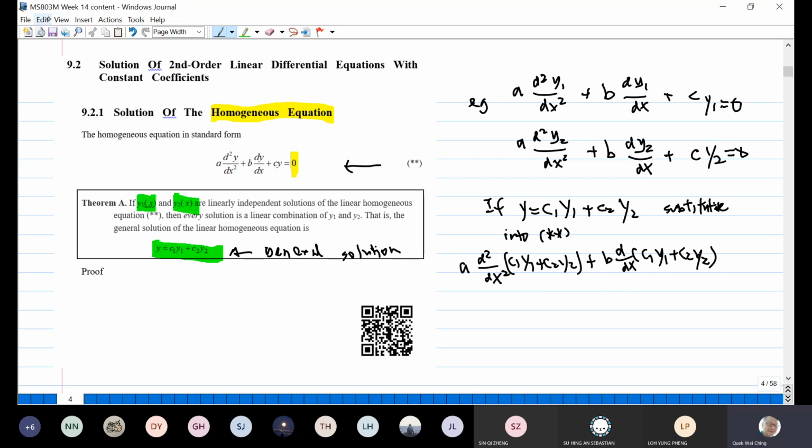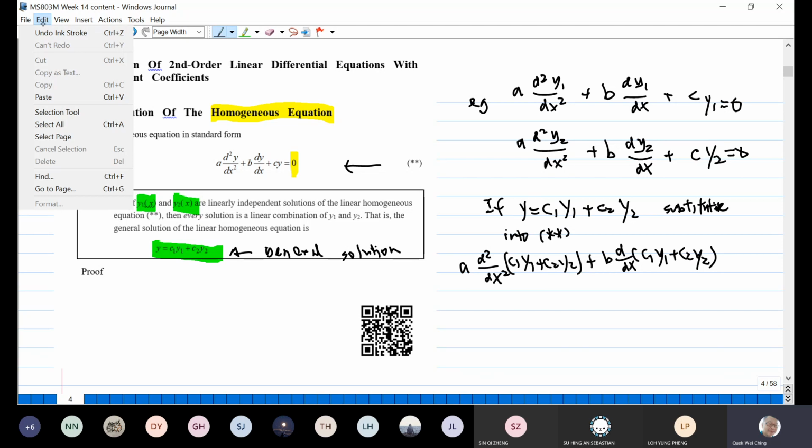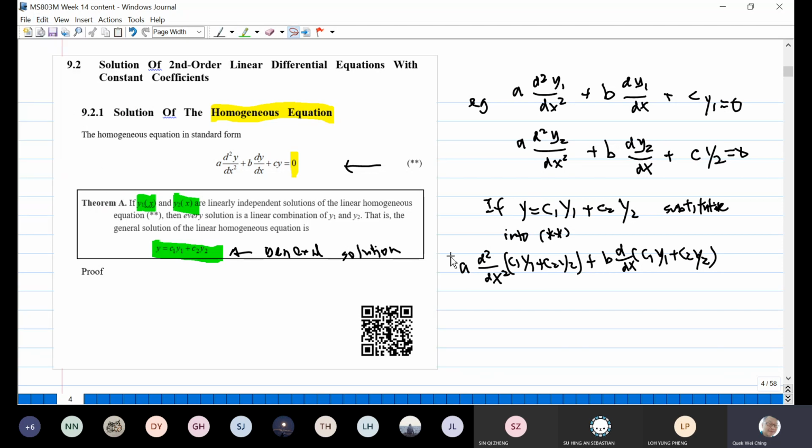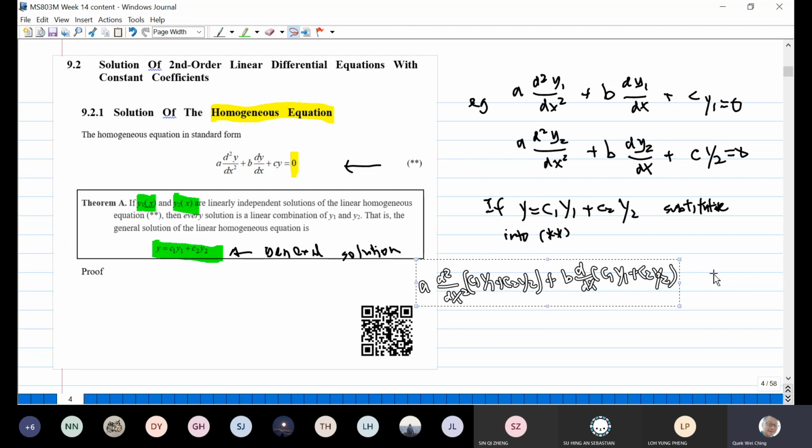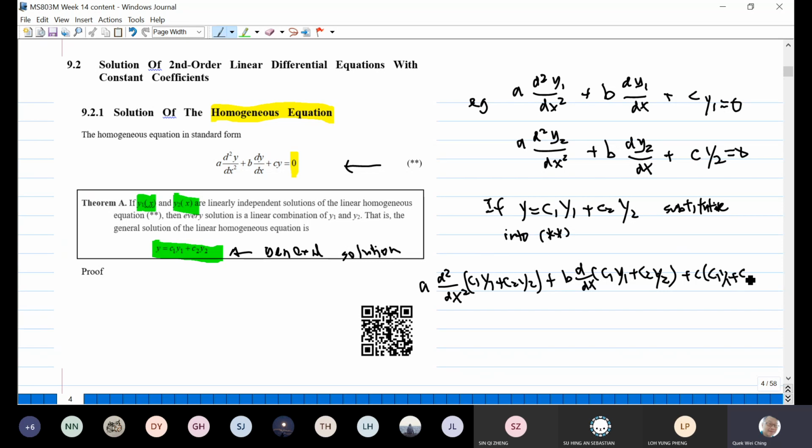I need to shift this a little bit, otherwise there's no space. I want to show that this is equal to 0.